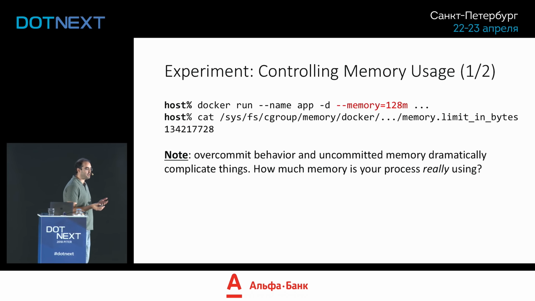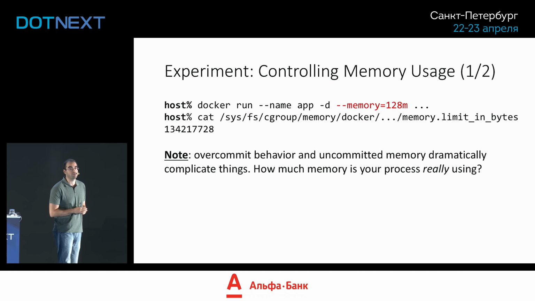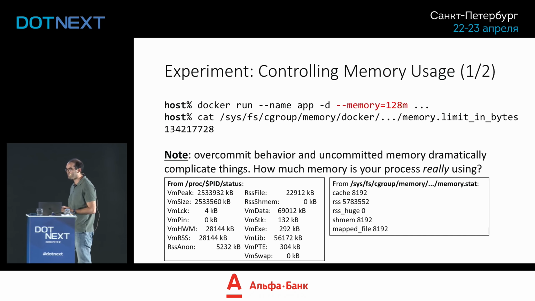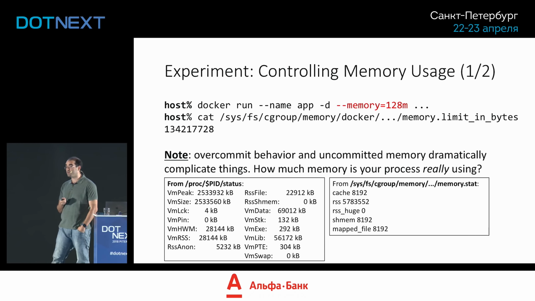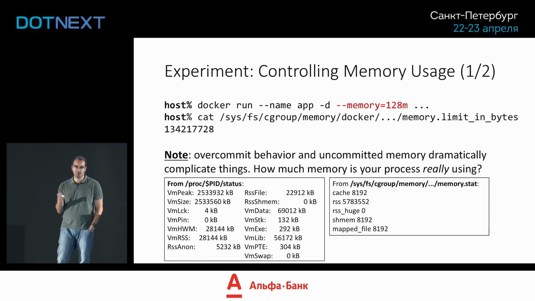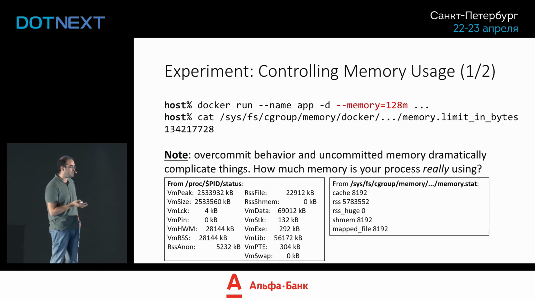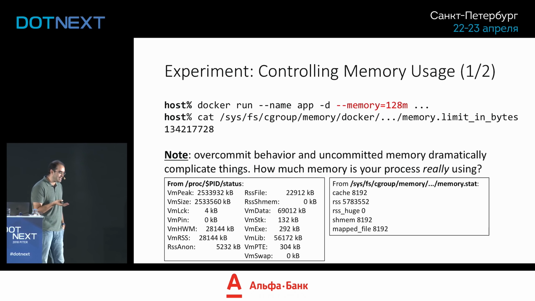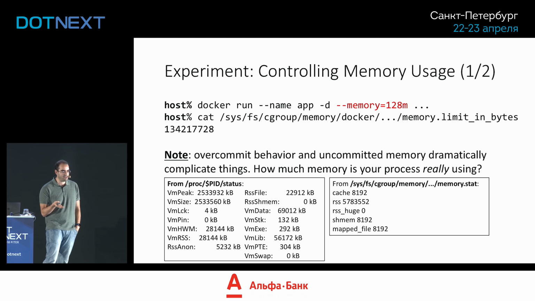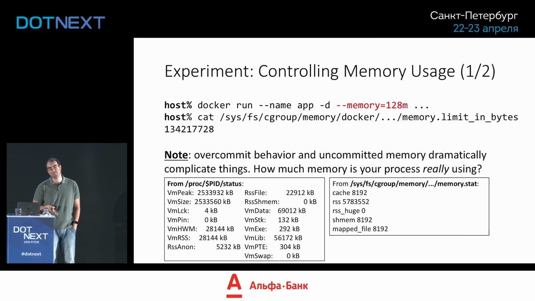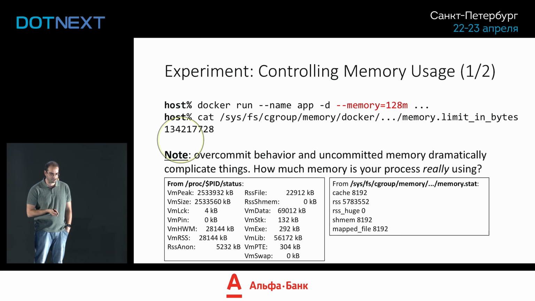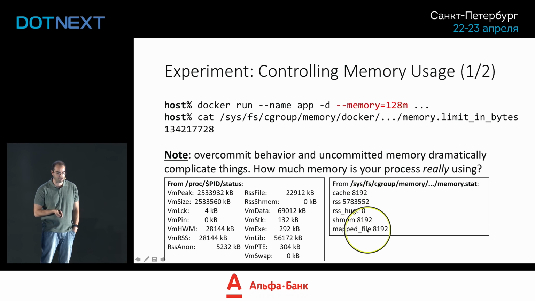So there's a bunch of different ways to look at how much memory your process is really using. And again, it could be the subject of a completely different talk. Just to show you some numbers, if you look at the status file, which is what top and other tools use, you see there's a bunch of numbers. Virtual memory, RSS, stack, exe, PTE, shmem, file. And if you look at the C group memory statistics, there's also a bunch of numbers.